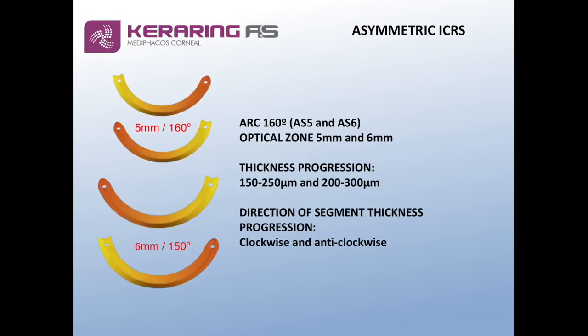A new challenge has recently been added. A new variable, the possibility of having asymmetric rings, is now another difficulty, and it is born from the fact that keratoconus is a disease in which by definition the cornea takes on an asymmetric appearance, but in its asymmetry, it is usually symmetrical, and this means that the deformation of the cornea usually has a symmetrical pattern and is therefore corrected quite well with a variable thickness ring.